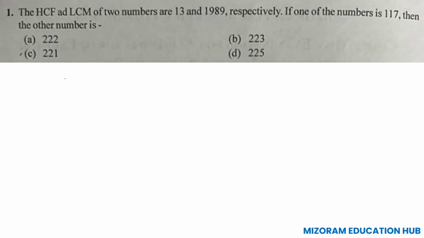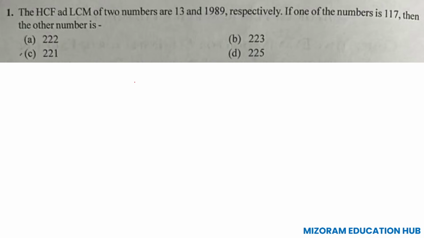HCF and LCM of two numbers are given as 13 and 1989 respectively. If one of the numbers is 117, find the other number. The product of two numbers is equal to the product of LCM and HCF.